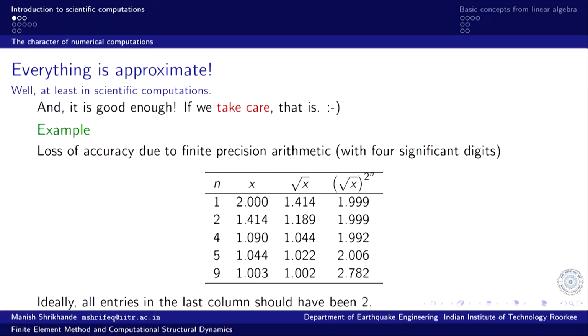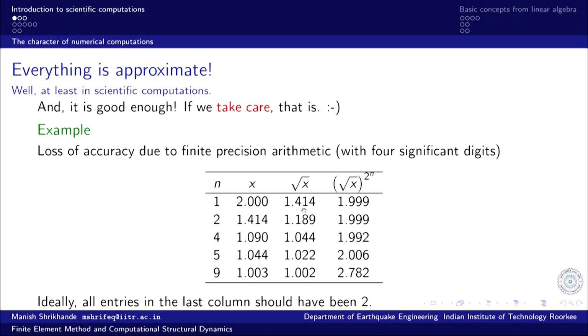So, just to drive home the point, let me take this example. I am retaining only 4 significant digits in the calculations, just to keep the numbers within one slide. What I am doing here is taking a number x, in this case 2, taking its square root and then squaring it back.